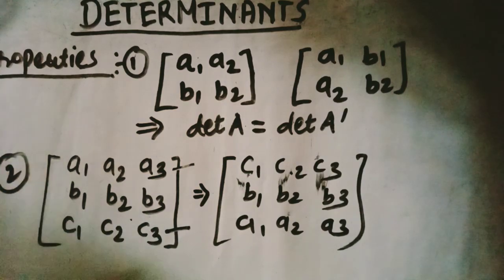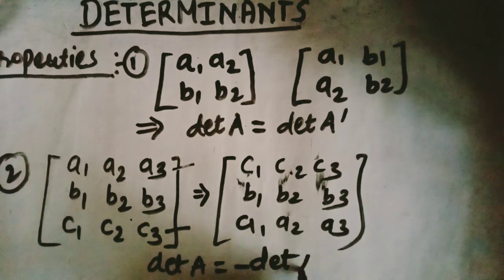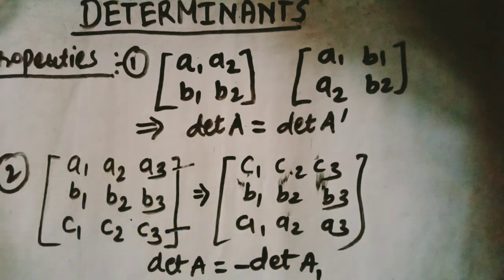Then the determinant of this matrix will be equal to the negative of this determinant. So the sign of the determinant changes. You can take any example and verify this.